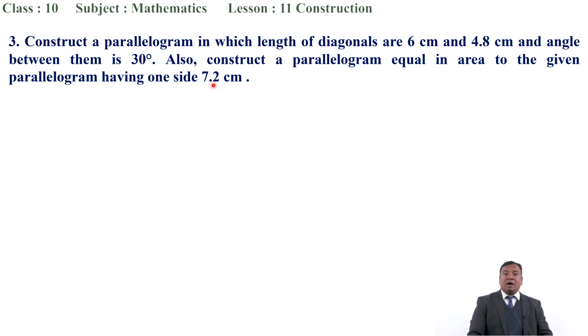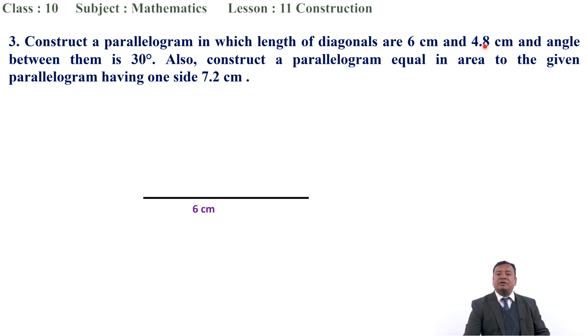Now, how to construct the parallelogram first of all? For this we have to draw a line segment of either 6 centimeter or 4.8 centimeter. You can take any, and we make this line segment one of the diagonals of the parallelogram.